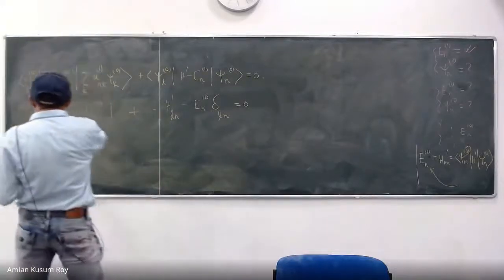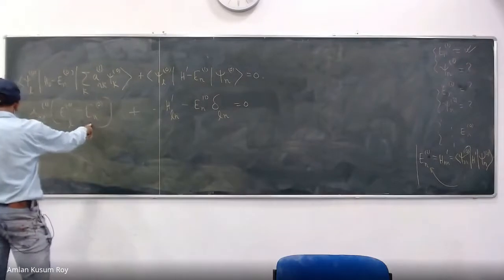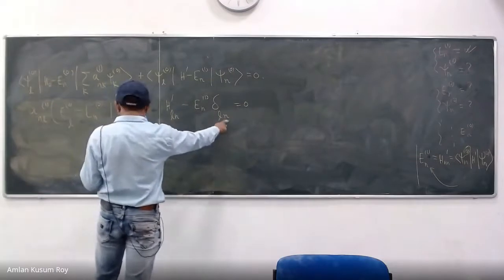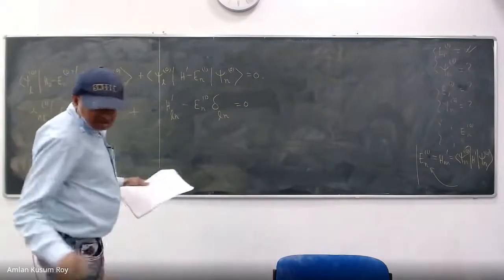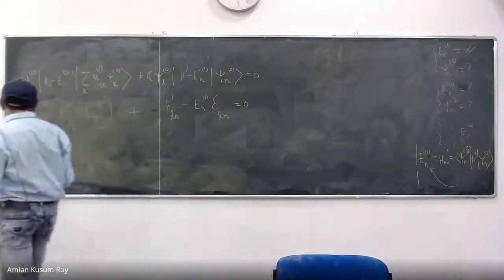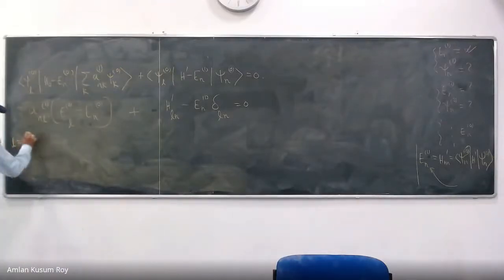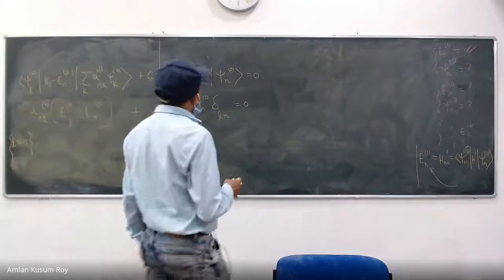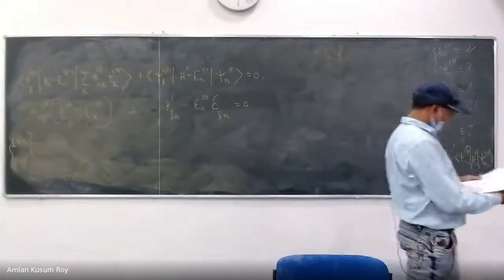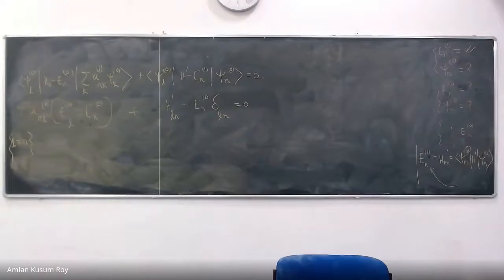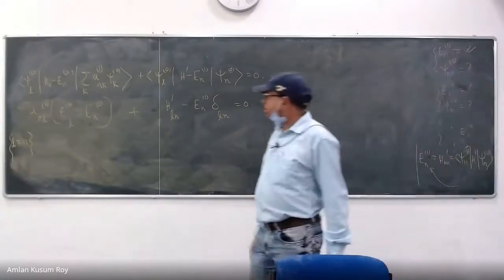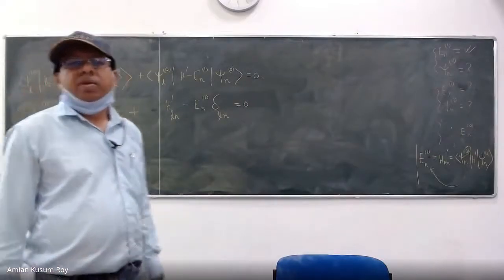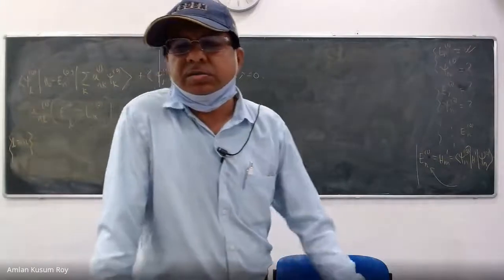So I get ENL1 into EL0 minus EN0 plus HLN prime minus EN1 delta LN. We should write NL to be, it's fine, it doesn't matter. So now let us look at this equation for L is equal to N. For L is equal to N, what happens? Please do this. When L is N, what happens to this equation? Can somebody tell me? What happens to this equation for L is equal to N?